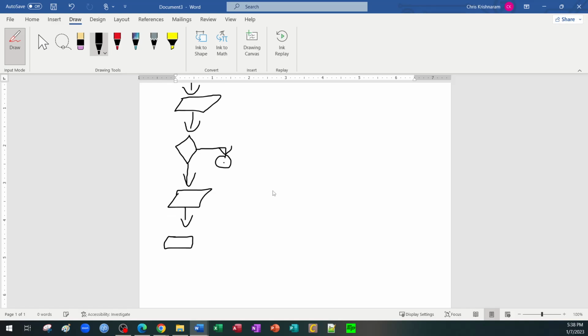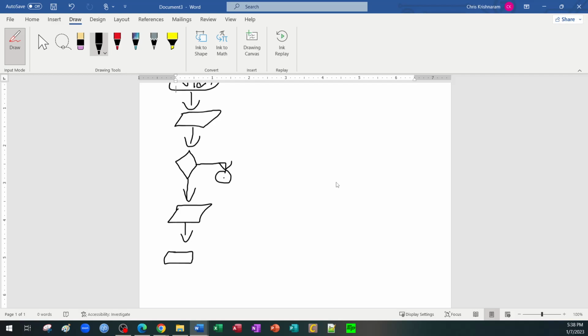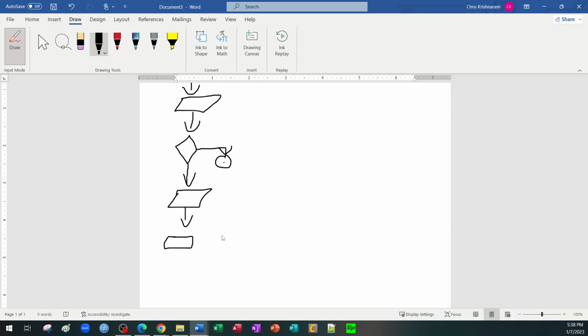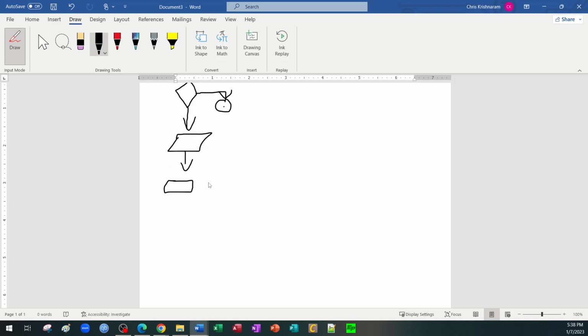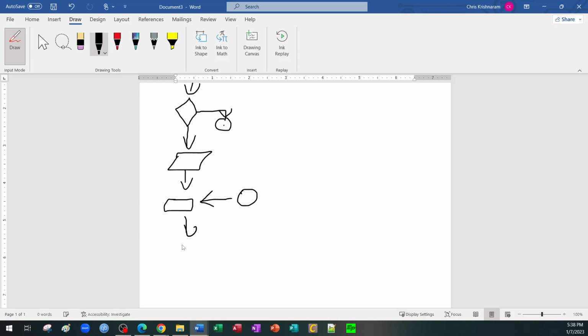And where might we put it? I guess we can draw a line like this here. Yeah, we could draw a line something like this and put another connector there, another symbol here, and then we stop here.